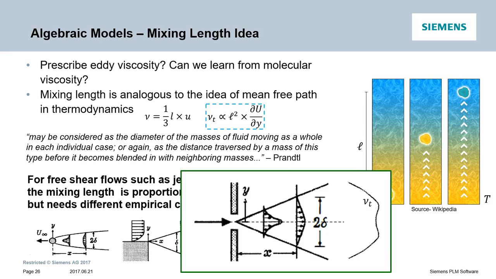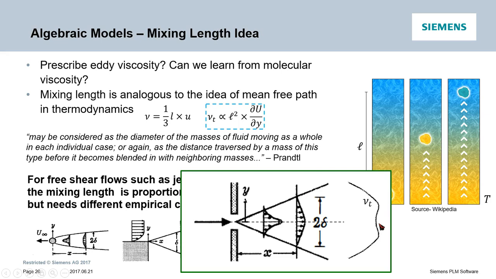For example, at the center line of this jet, the elevated levels of turbulence are due to convection from upstream and diffusion from these highly strained regions on the periphery of the jet. But if I look at the mean gradient, it's 0. So based on this mixing length relationship, I'll get an eddy viscosity of 0.